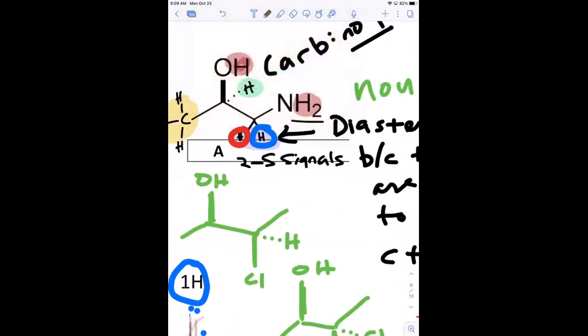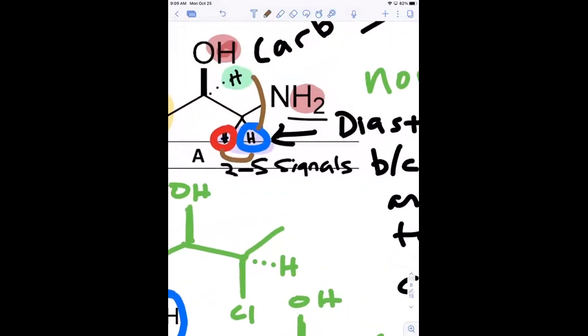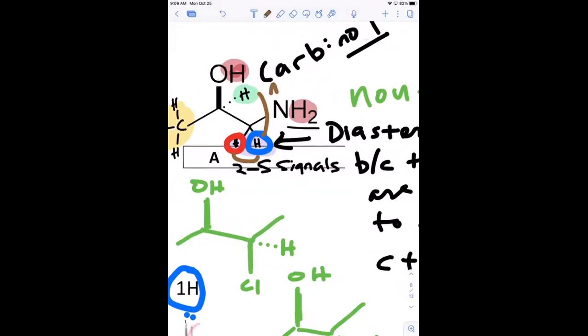It's going to split with that one and with that one. If we apply the N+1 rule, there's going to be 2 for that, and also 2 for that. So that's why you see 2 doublets like that. But it's the same signal. It's just split into 2 doublets because of that.